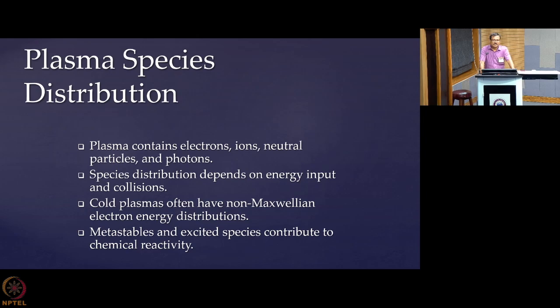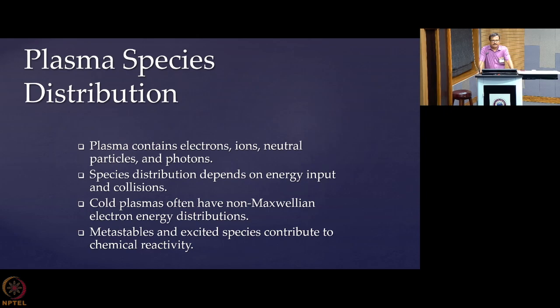In the neutral particles, you include the atoms as well as molecules. Because sometimes you will be using molecular gases like nitrogen, oxygen, and even at pretty high temperature, some percent of molecules may exist. So the plasma, when you can call it plasma, may contain some part which constitutes molecules.